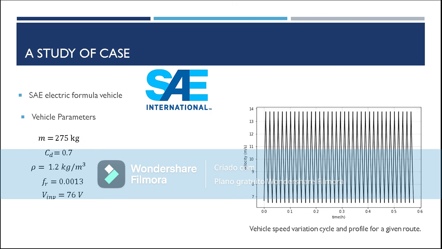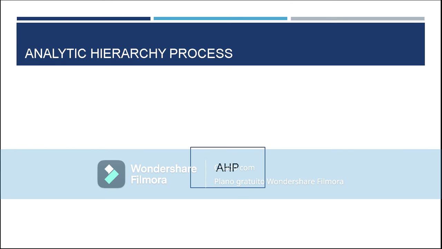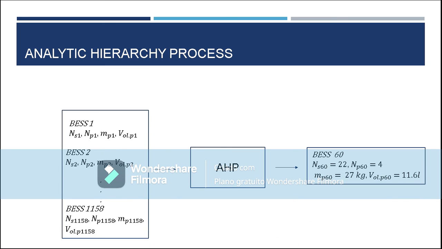As a case study, we use a SI electric formula vehicle, and the vehicle's parameters are shown here. So using the solutions found in AHP, we get as output that BESS number 60 is the best one for us. It has a total of 22 serial cells and 4 parallel strings.